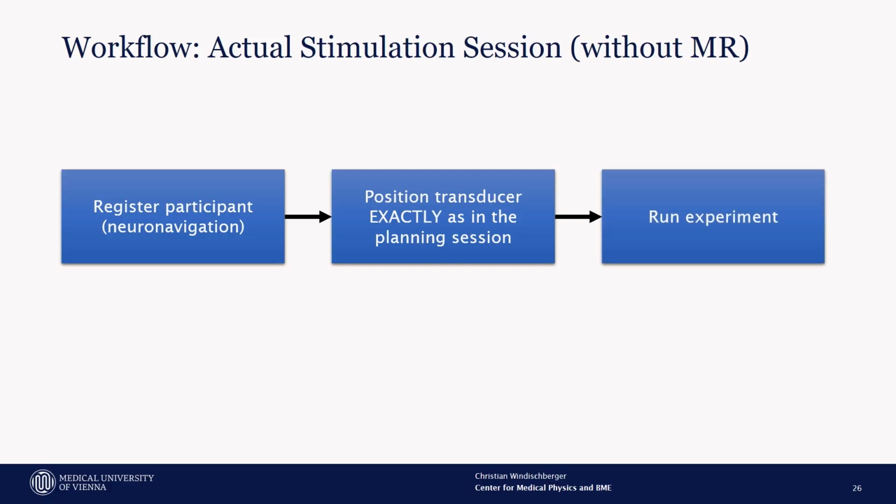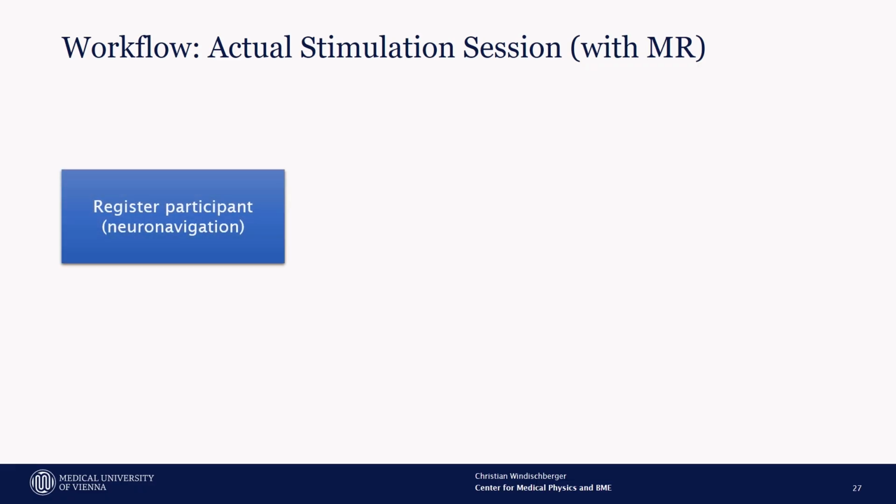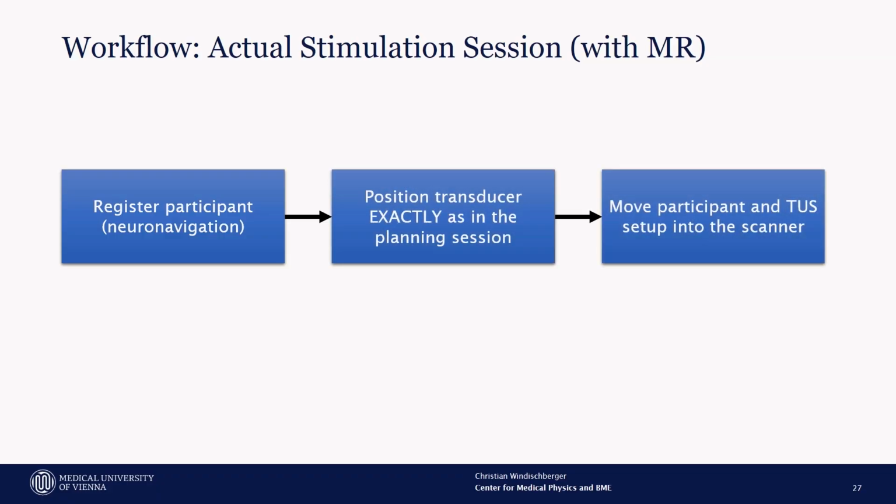Now, if you have MR available in the stimulation session, you again need to register the participant. You also try to position it as well as possible, and then you put the whole setup into the scanner, which means you have to have an MR-compatible tFUS system as well.